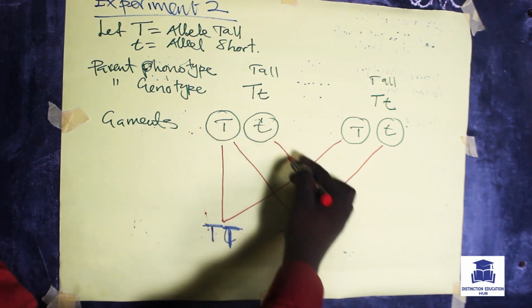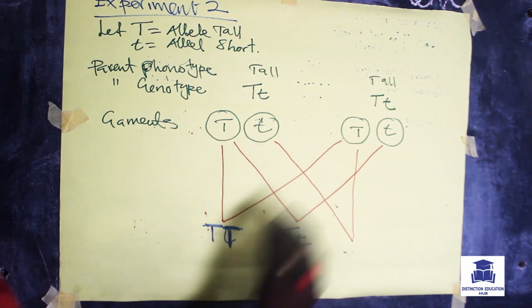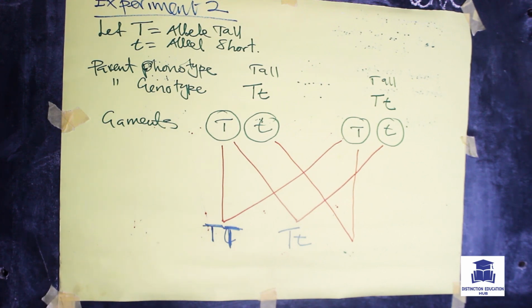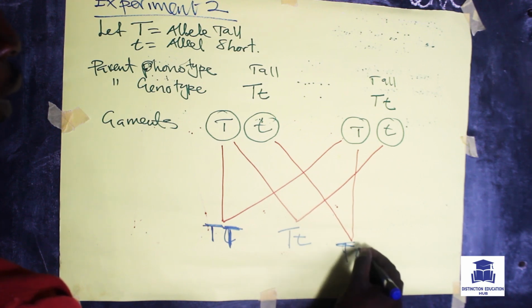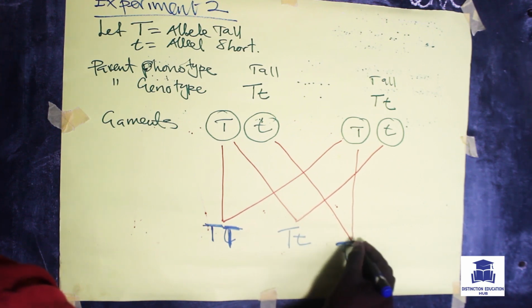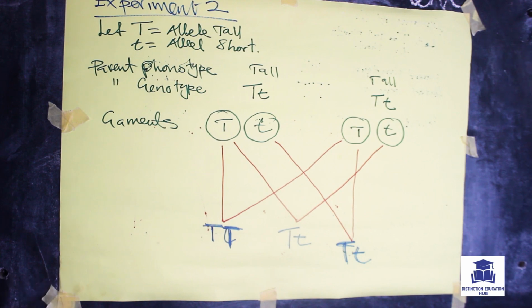Then we'll come to this side. Then what are we going to have? Again, we'll have capital letter T, because we always start with the capital letter, to show respect. That is what we have.